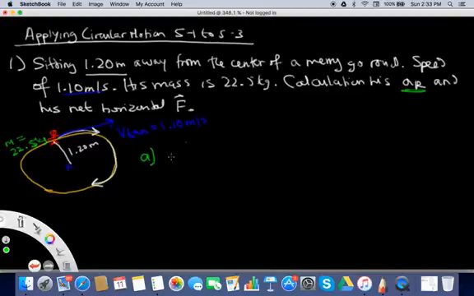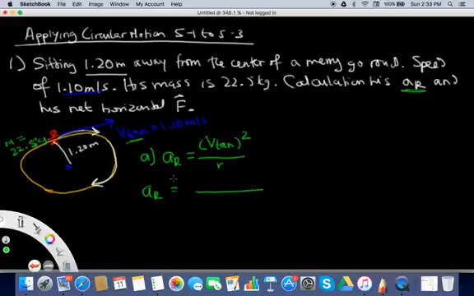We know that the formula for centripetal acceleration is tangential velocity squared over radius. What information have they given us? They've given us our tangential velocity, and they've also given us our radius, because it tells us the distance from one end to the center, and that's nothing but your radius. It's half the distance of the circle. So we'll plug those values in.